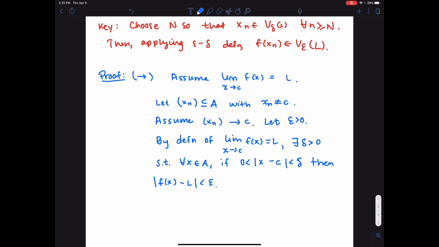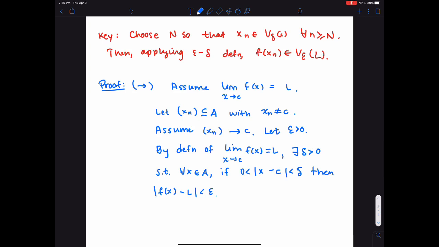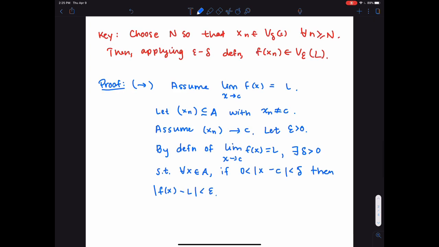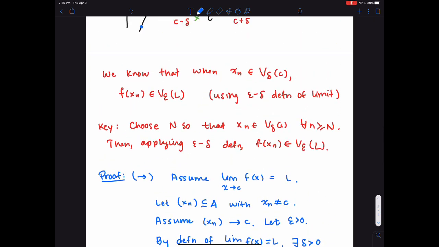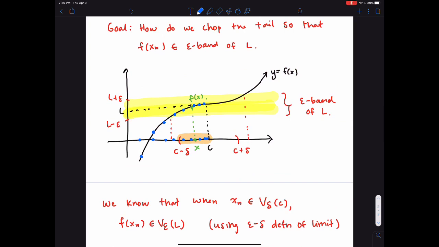Remember what our goal again here is. We need to chop our tail, capital N, and make the output sequence in our epsilon neighborhood. We said that relies on guaranteeing that the tail of the inputs have entered this neighborhood here, the delta neighborhood.